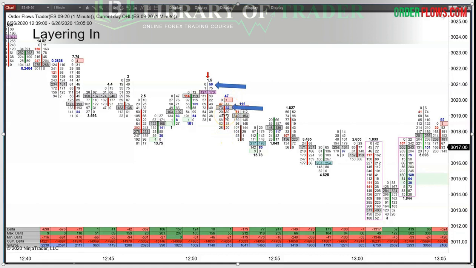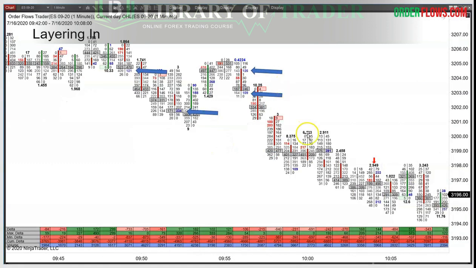So even though I said I don't like volumes less than 100, if it's the most volume in the bar, even though it's less than 100, then I like it. Sometimes people get so married to statements that they can't put two and two together. If you say, well, it's only 109.